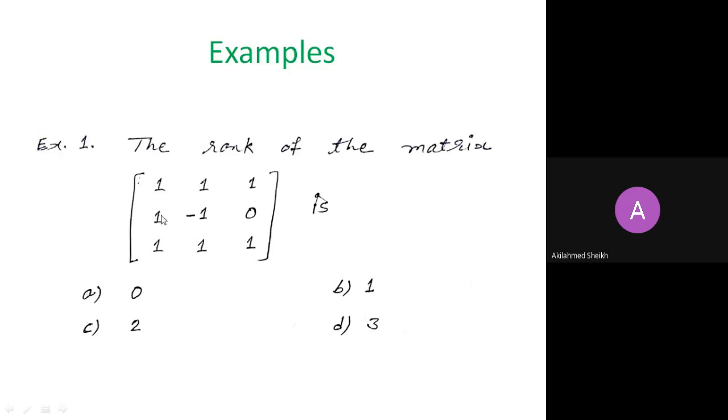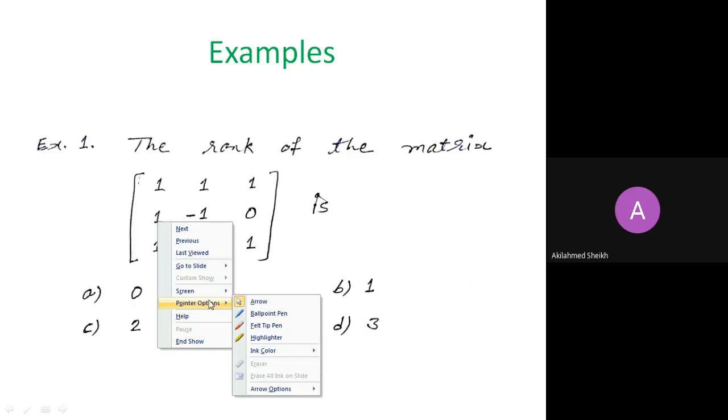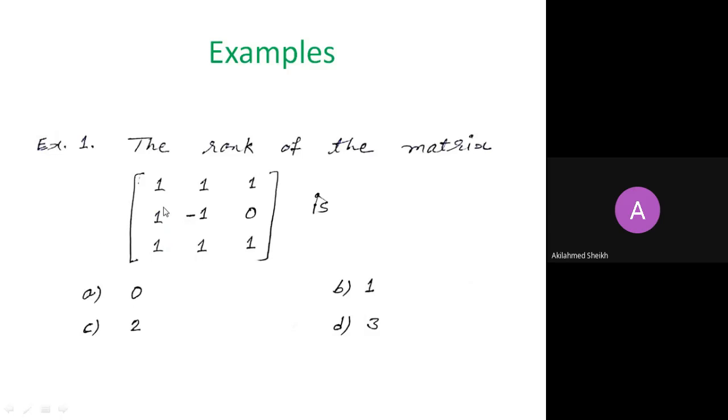To make the first element in the second row 0, we use the combination with R1, means we use R2 minus R1 so that this element becomes 0.